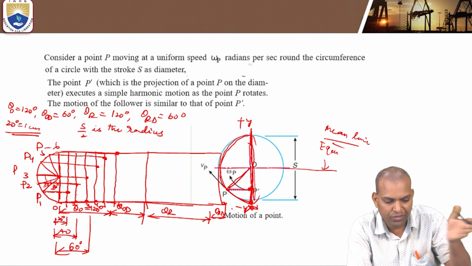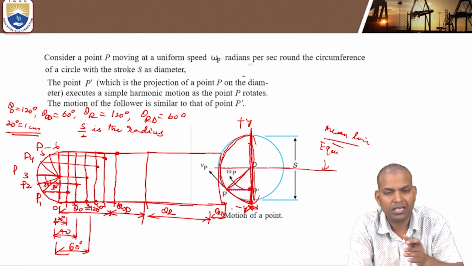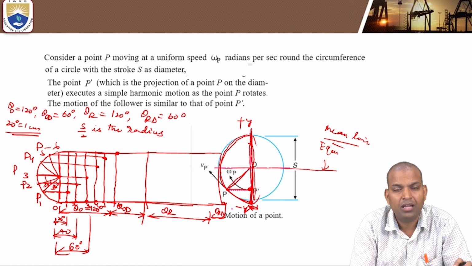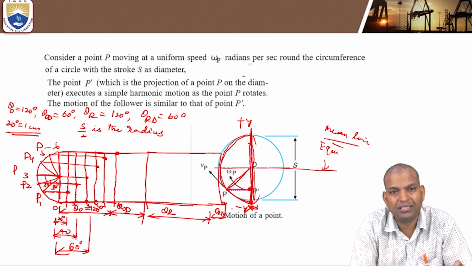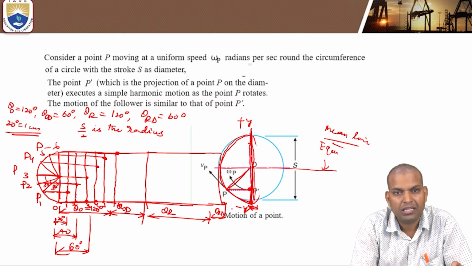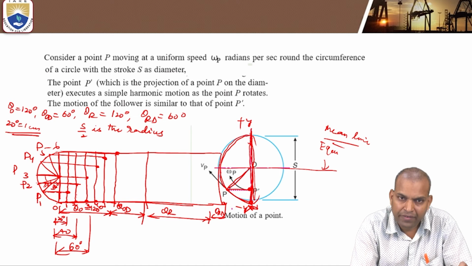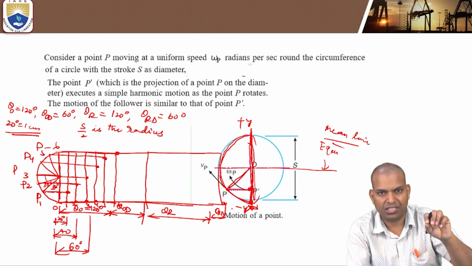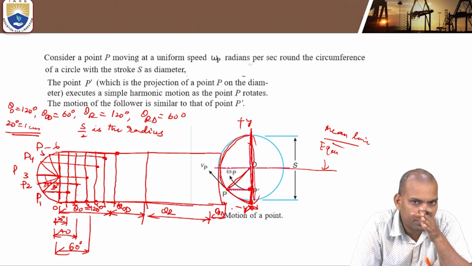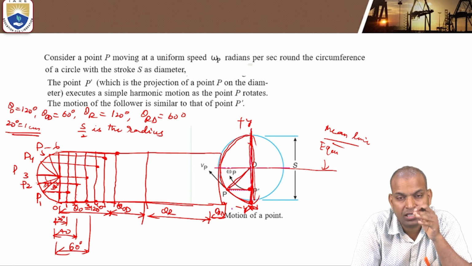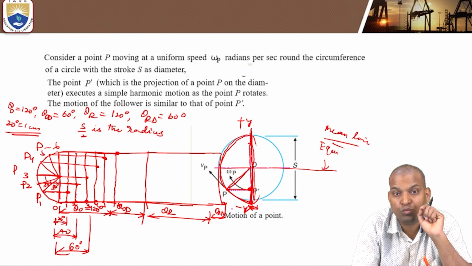on vertical lines. Why are we drawing horizontal lines? These horizontal lines are projections of the path of the point P, that's P1, P2, P3. When it is moving in a circular direction, the projection of the point P on a vertical line has simple harmonic motion.